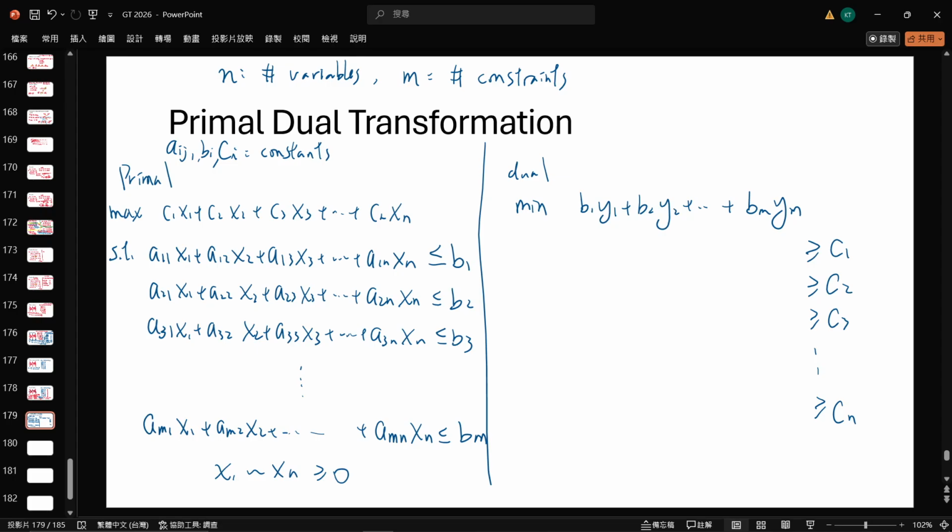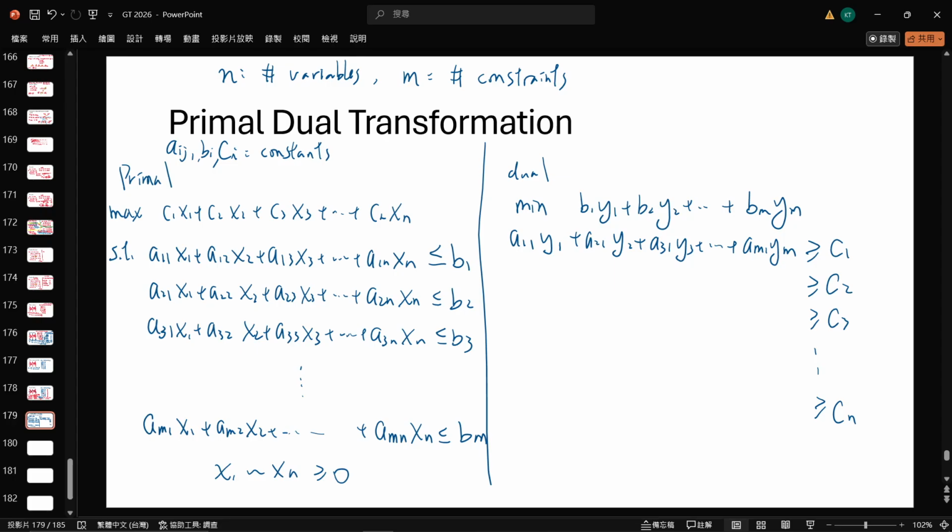So what you get is that the coefficient of x1 is a11 y1, plus a21 y2, a31 y3, and the last term is am1 ym. So this is the coefficient of x1 for the weighted combination.